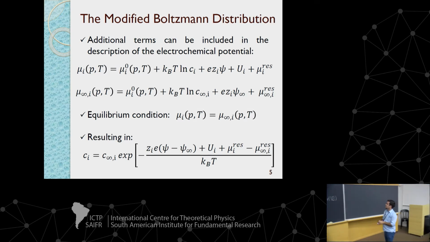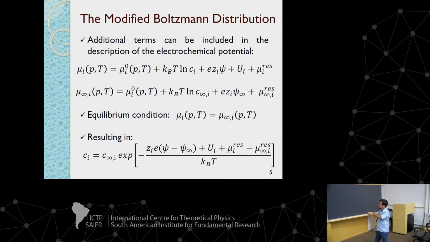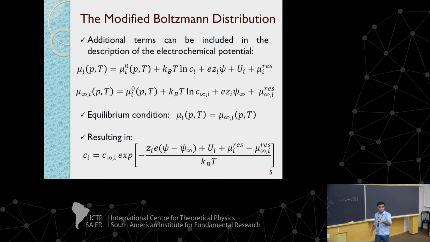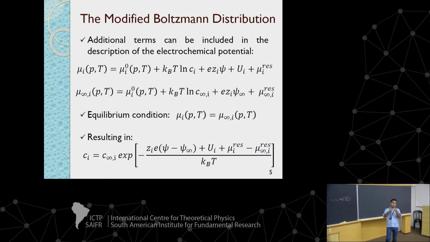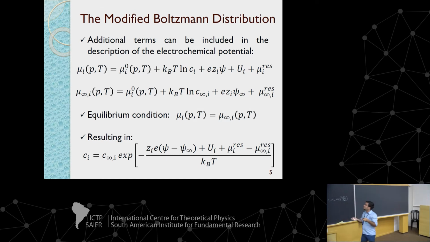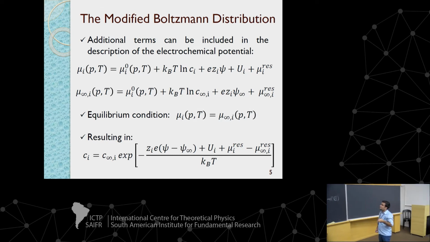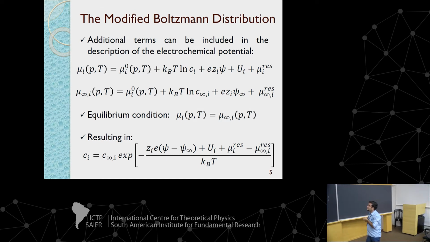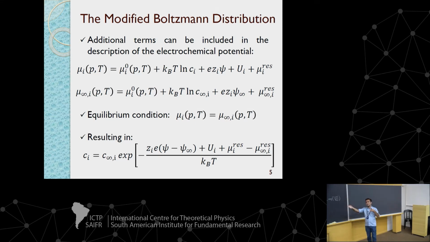So yesterday we had this one, that was the classical Boltzmann distribution, and now we have this modified Boltzmann distribution. This psi infinity usually is equal to 0, because if we are at bulk, we have no electric field coming from the surface, so we consider that it's 0. But if we are at a distance that is not so far, we can have a residual contribution here, okay?